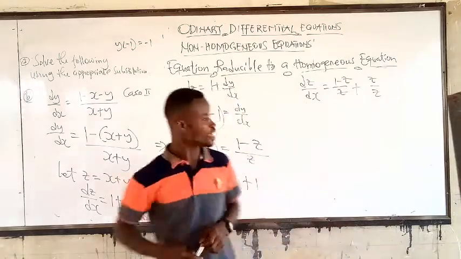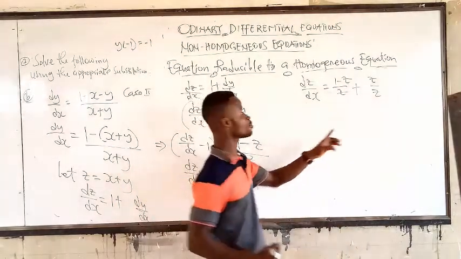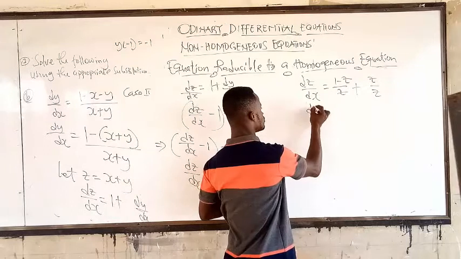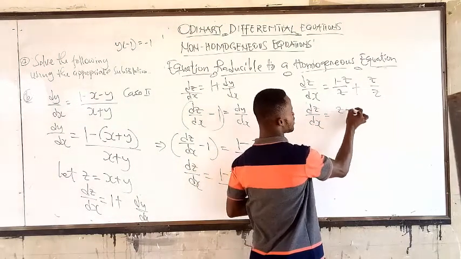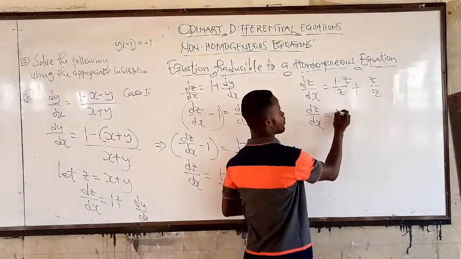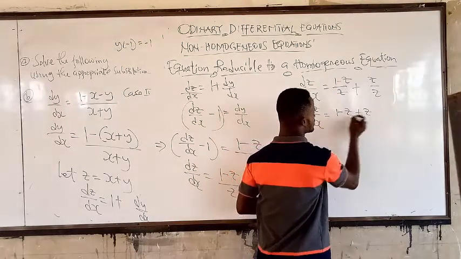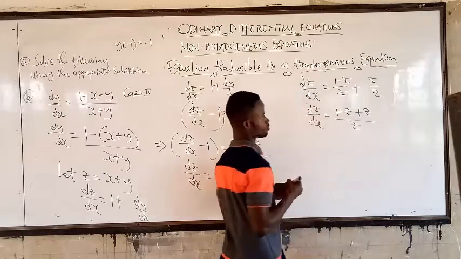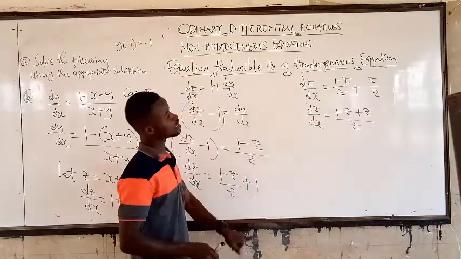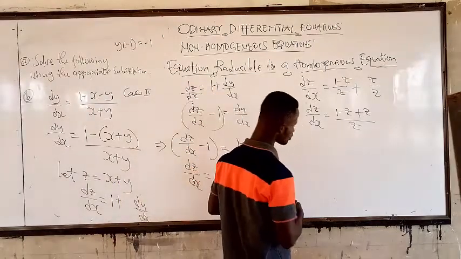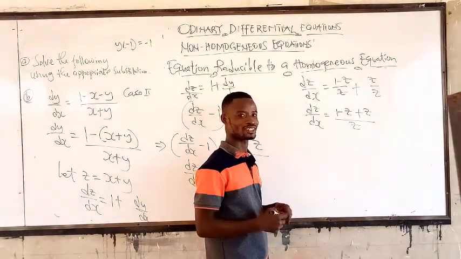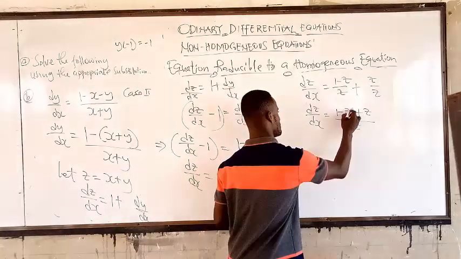It helps in maintaining the same denominator. So dz over dx is equal to (z minus 1 plus z, all this) over z. Don't forget, 1 is the same as z over z. Easy. Hope you can see it.